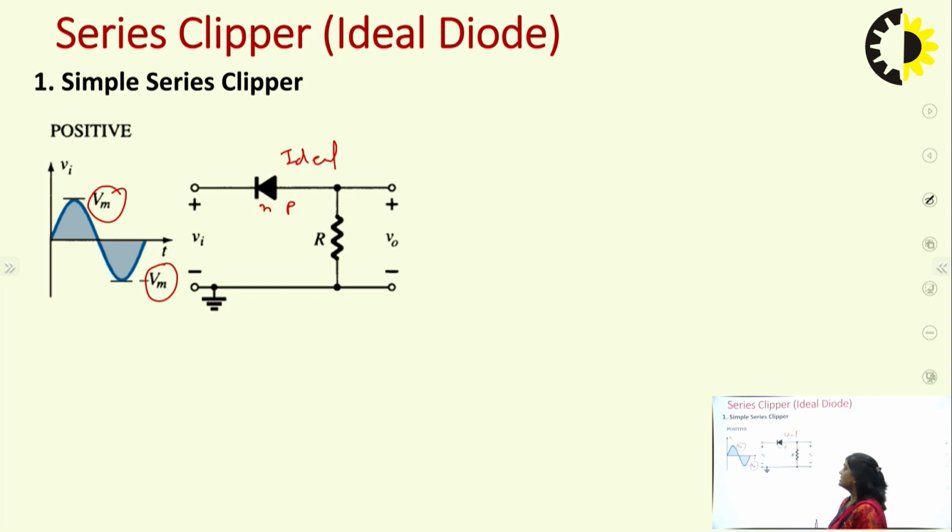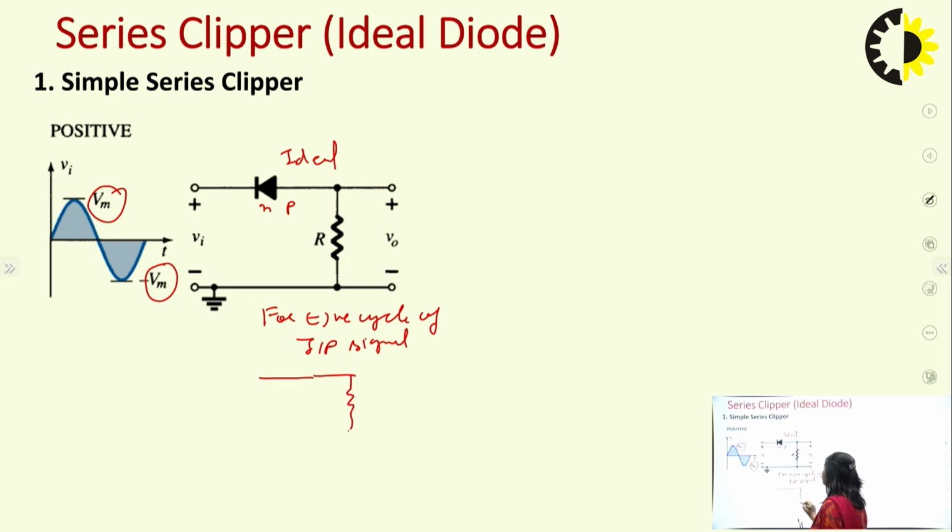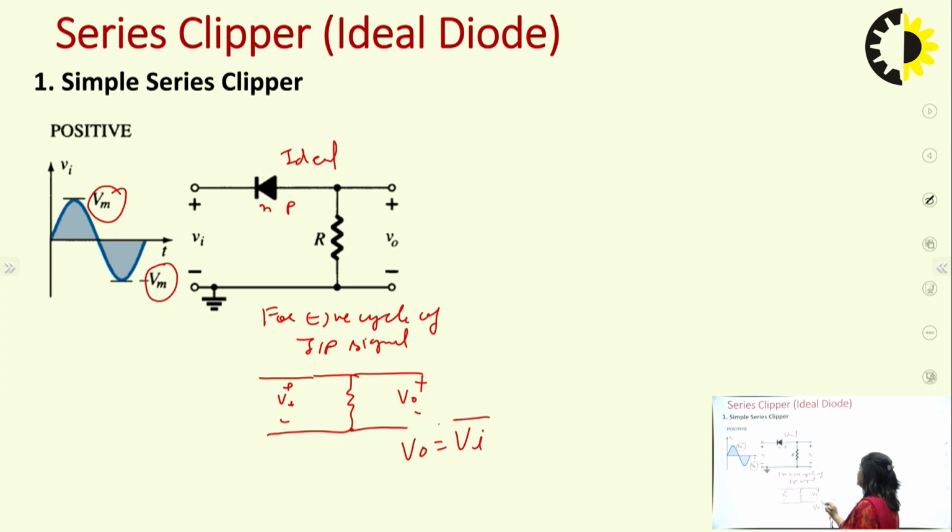So for the negative cycle of the input signal, the equivalent circuit will be like this. Here the diode will be short circuit and the output voltage would be equal to Vi. This is the output voltage for the negative cycle of the input signal.